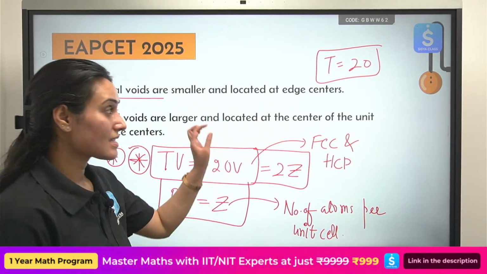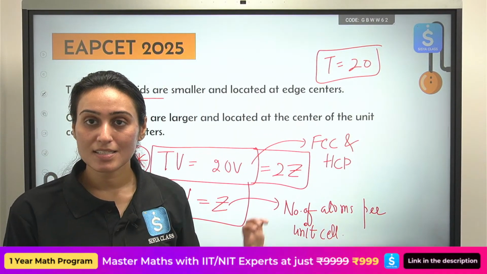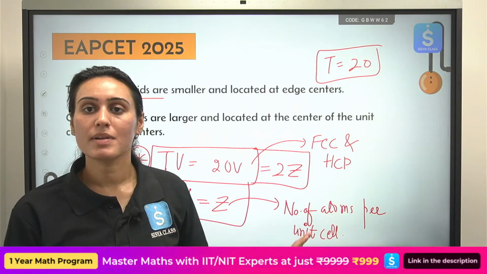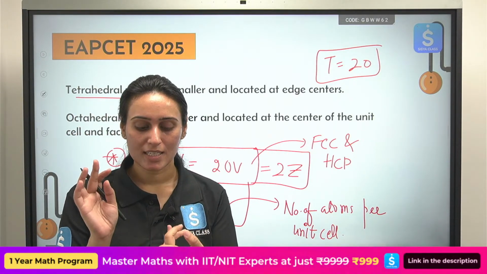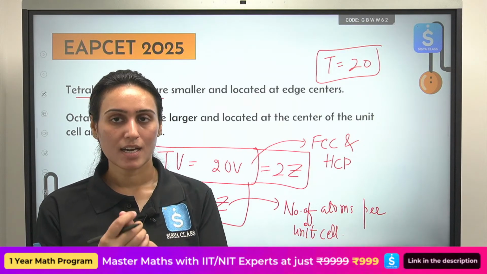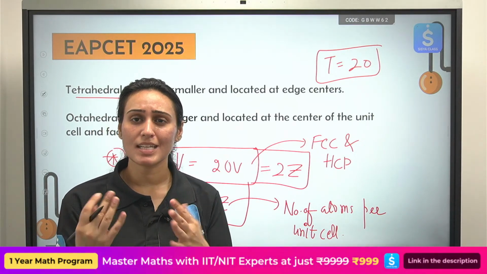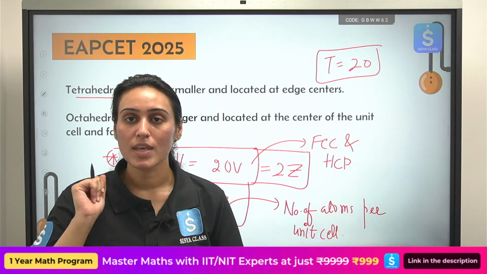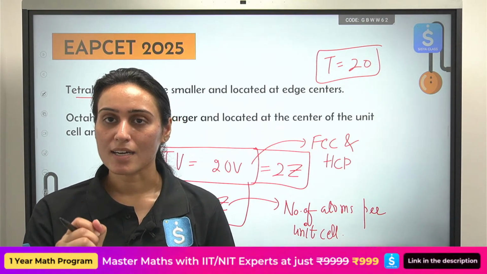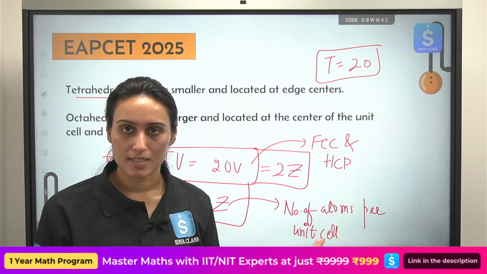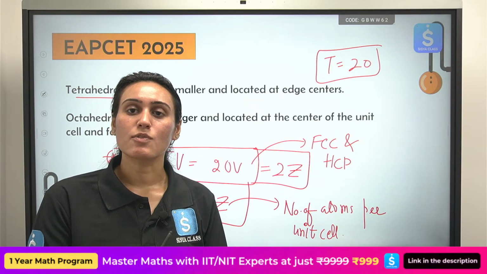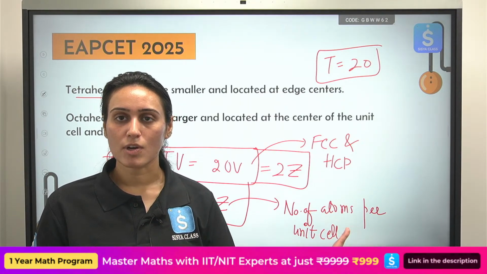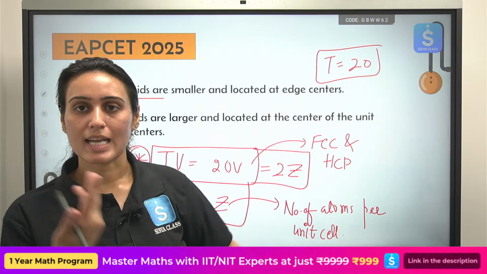We will see so many different questions are asked from this particular formula itself. First we have identified the number of octahedral voids. How many octahedral voids are present in any unit cell that is given to you? It is equal to the number of atoms per unit cell, that is Z. Then how many tetrahedral voids are present in that unit cell? It will be twice of octahedral voids, and you are done. T2O, like that you can remember.